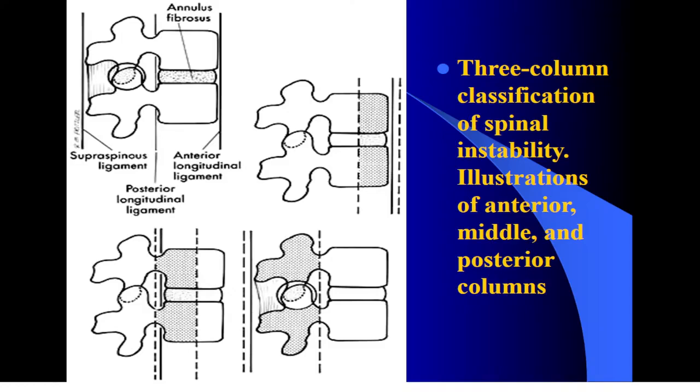Another type of force, like distractive force or extension forces, overloads the posterior elements. So 80% of the distraction forces will be located in the area of the facet joints and the ligaments located around, and only 20% will be located in between the vertebral bodies and intervertebral disc.